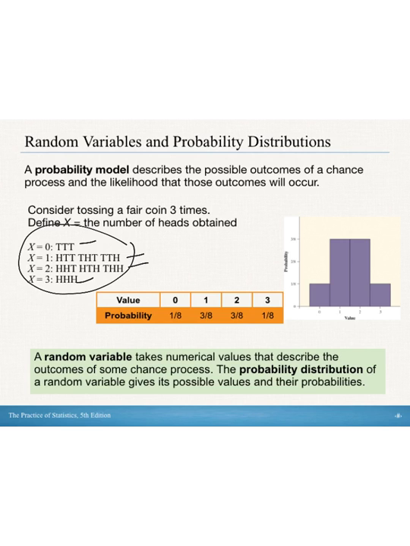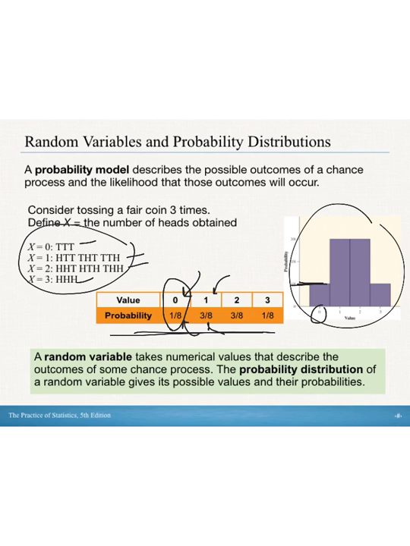A distribution of a random variable, like this table, talks about the value as well as its probability, or we can have it in histogram form. Here's the value, and here's its probability. So a probability distribution works just like any other distribution. We'll be commenting, for example, that this is unimodal and symmetrical and all of that stuff. So this brings back a lot of stuff that we've already seen.